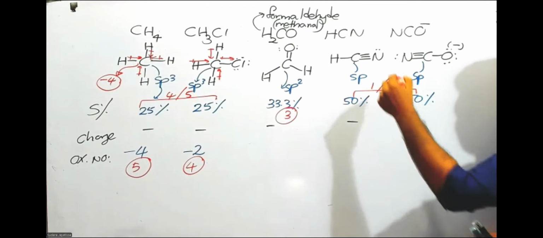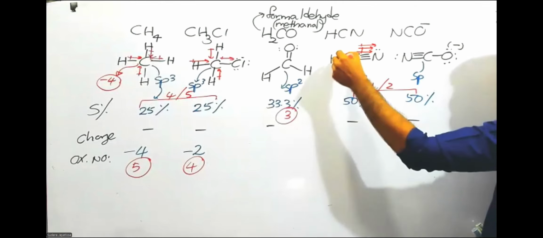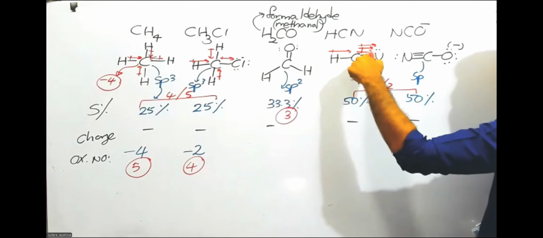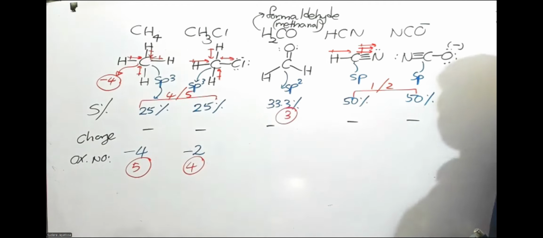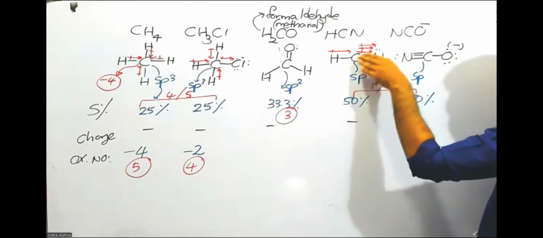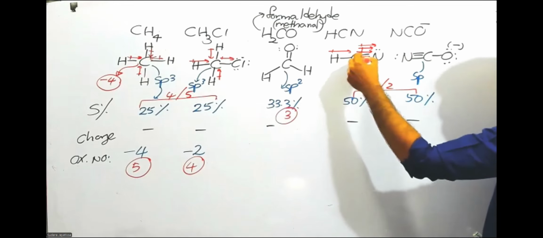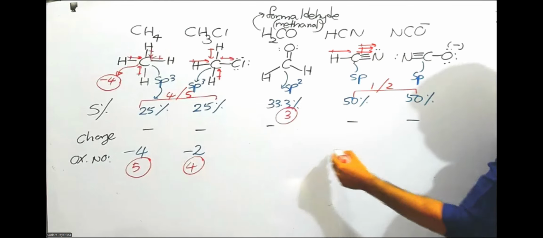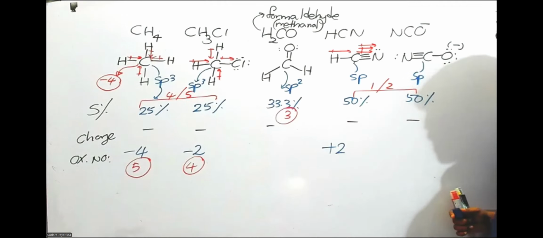You mark the dipole moments here. Nitrogen is more electronegative than carbon, and carbon is more electronegative than hydrogen. So lose 3 electrons partially and take 1 electron partially. So ultimate result is losing 2. So its oxidation number is going to be +2.